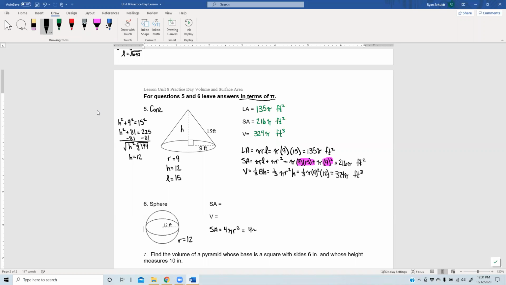It's going to be 4 pi times 12 squared, which is 576 pi feet squared. So that's what we'll write in our answer spot. 576 pi feet squared.